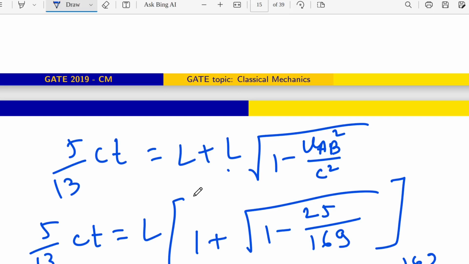With the help of this, I will calculate the value of T. I got the expression 5 by 13 into C into T equals L plus L into root over 1 minus 5 by 13 whole square into C square divided by C square.